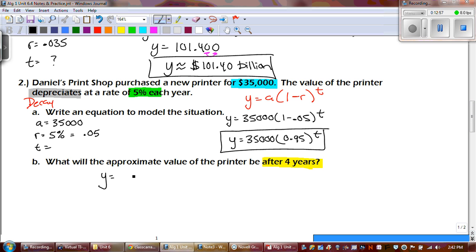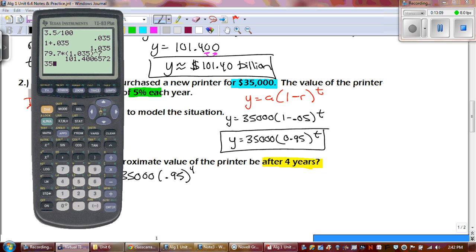We get y equals 35,000 times 0.95, and our years are 4. So just plugging that into the calculator, 35,000 times 0.95 raised to the 4th power.